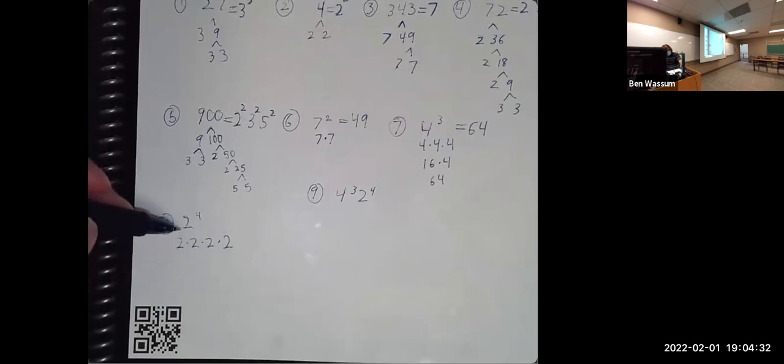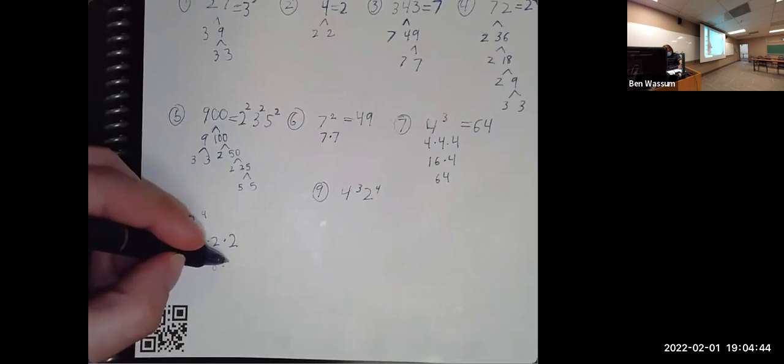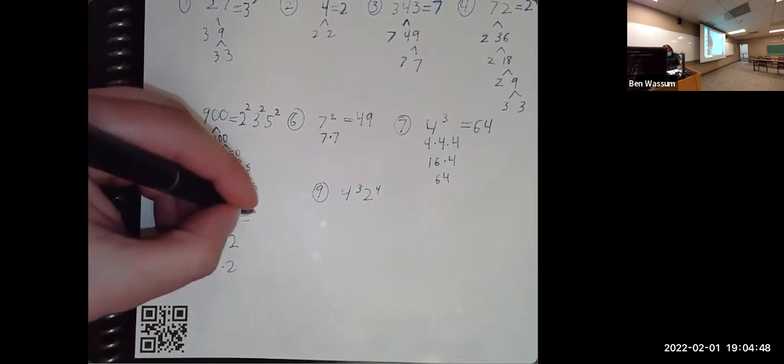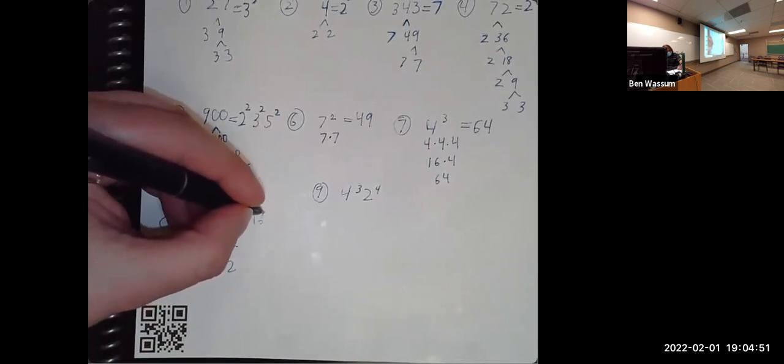If you say, hey, I know that 8, I've factored 8 a lot. And when I factor 8, it's 2 times 2 times 2. If I know that, I can look at this and say, well, that's an 8. So this thing's just 8 times 2, 16.